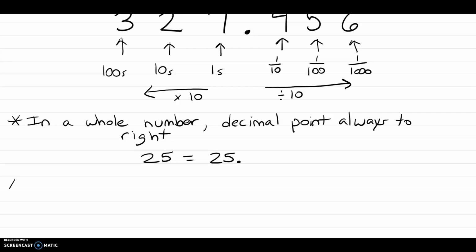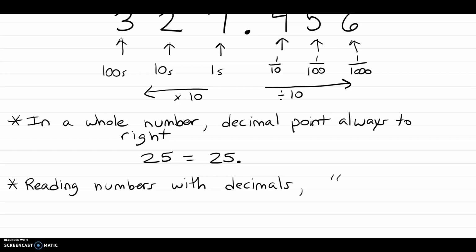When you're reading decimals, you say the word and. So and is where the decimal point goes.